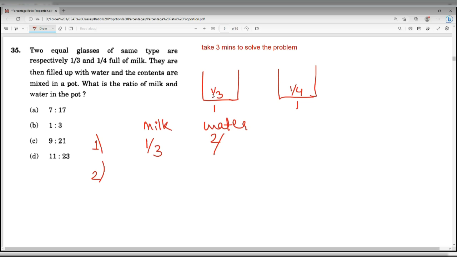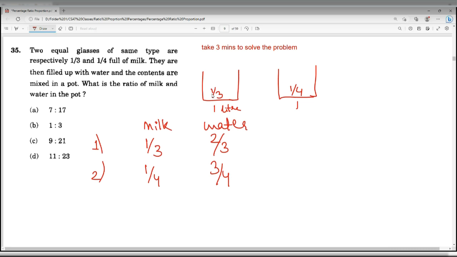So 2/3 was water. Let this be 1 liter, so 2/3 liter was water. In the second glass, 1/4 was milk, and then 3/4, the remaining part, was water that was added.